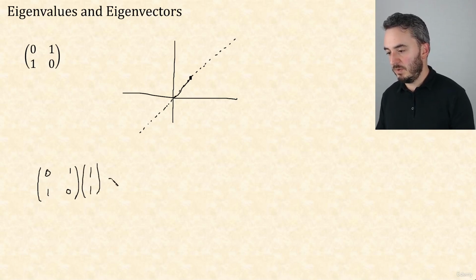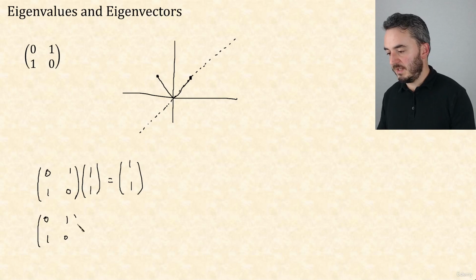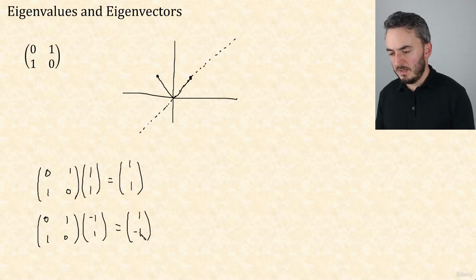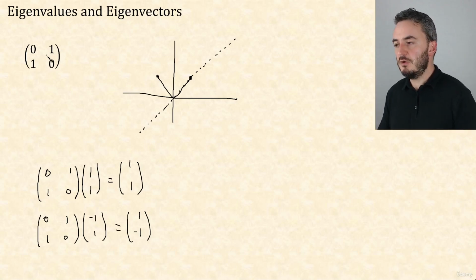So (1, 1), we apply this and we get 0 plus 1 and 1 plus 0. But the point (-1, 1) is also going to be, well, it's not unaffected, but it is just going to be scaled. Look what happens. If we have (-1, 1), that gets mapped to (1, -1). So the vector that we get out is just a multiple of the vector we put in.